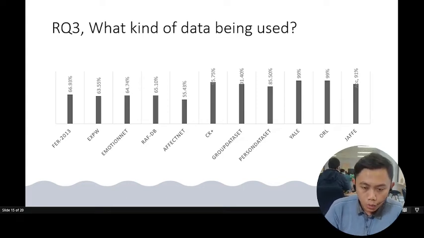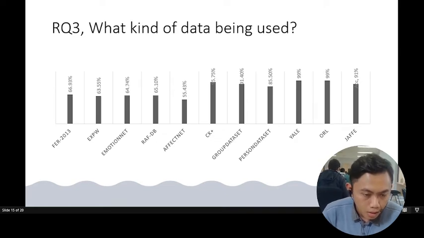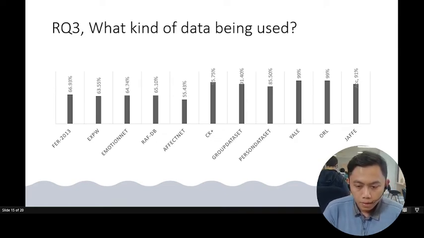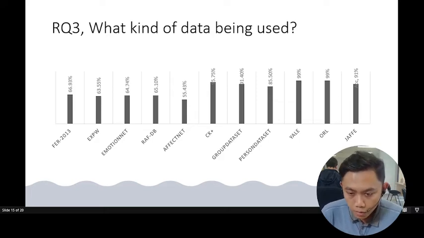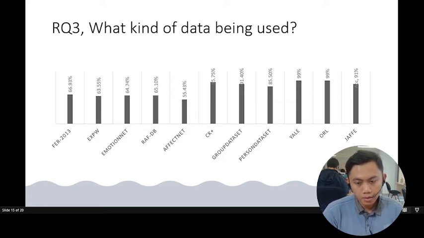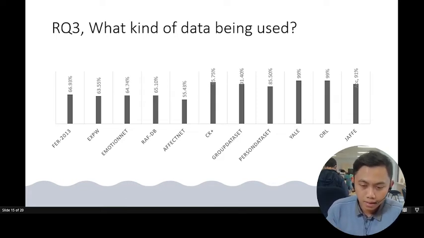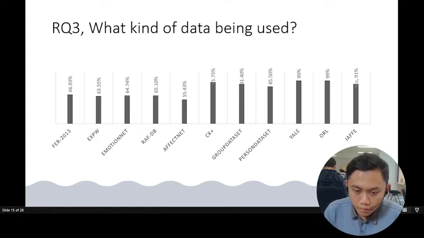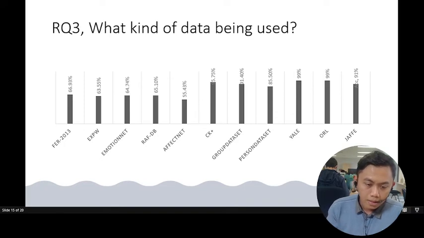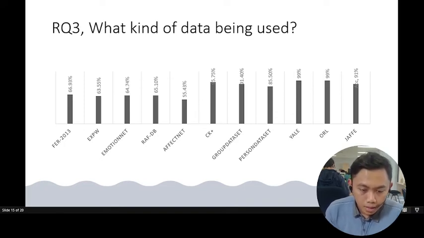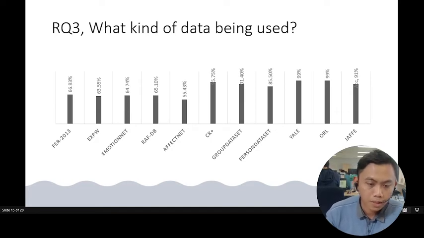YALE is used by 99% of the research, followed by the ORL dataset, and then the Java dataset with accuracy of 91%. So the highest accuracy is the YALE dataset, then the ORL dataset, then the Java dataset. And then there is a group dataset with accuracy around 91.40%.